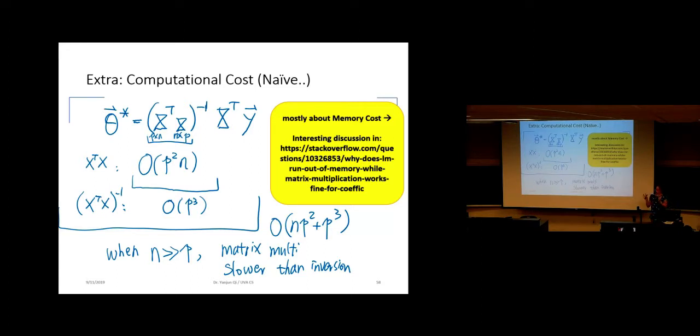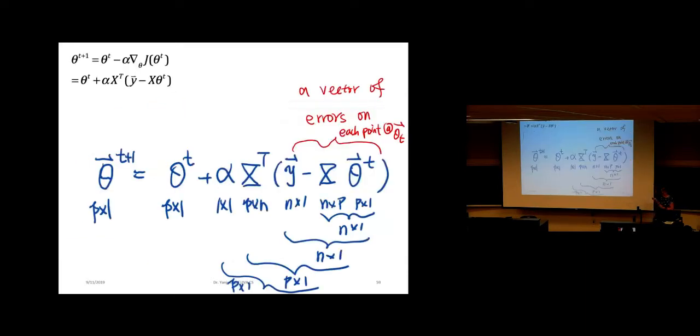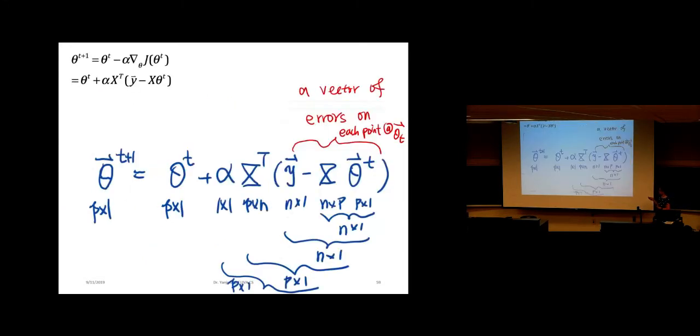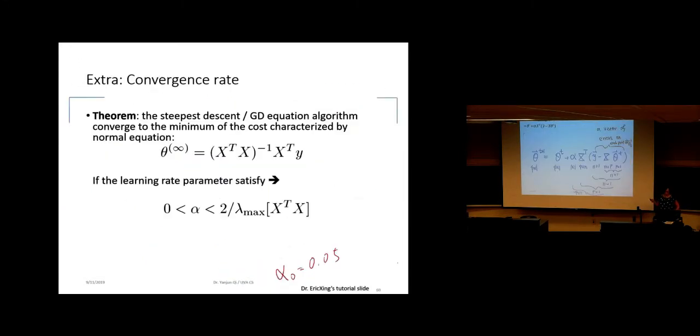This is the normal equation cost, and you can use this to calculate the gradient descent cost. So this is P times N times 1. There's also N times P times 1 here. The cost should be very easily derived from the previous equations, so I'm not going to do it.